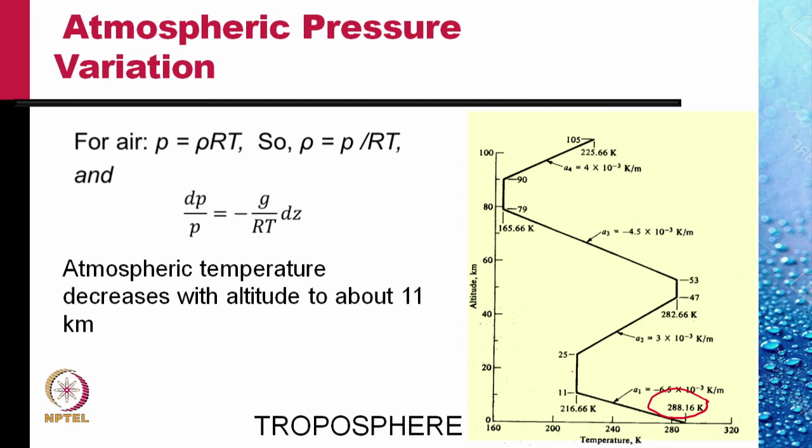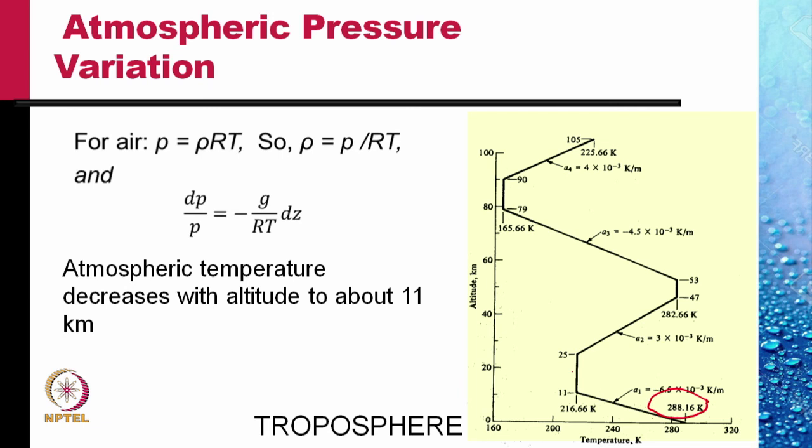Above that, up to a level of 25 kilometers, the temperature remains constant. Then the temperature starts increasing. The layer immediately above the troposphere is called the tropopause.